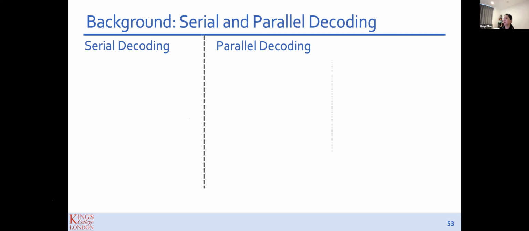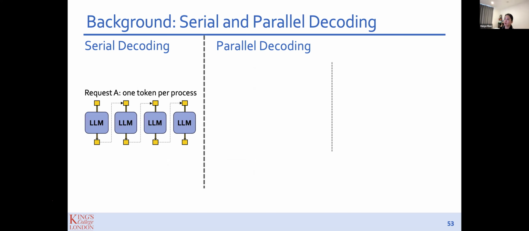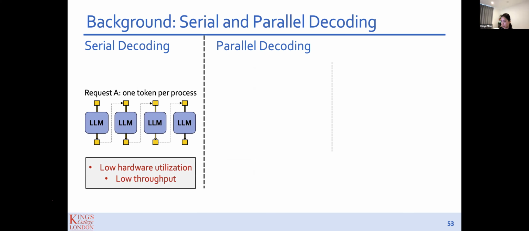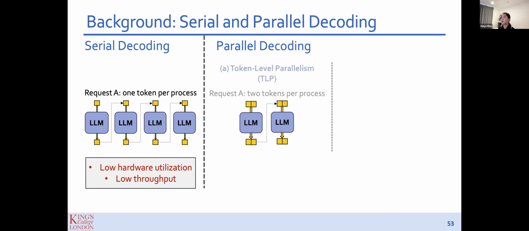Okay. And here is more background about serial and parallel decoding. In serial decoding, of course, we generate one token per process. As you can see, we have low hardware utilization and low throughput because we generate one by one. In parallel decoding, there are many variants.